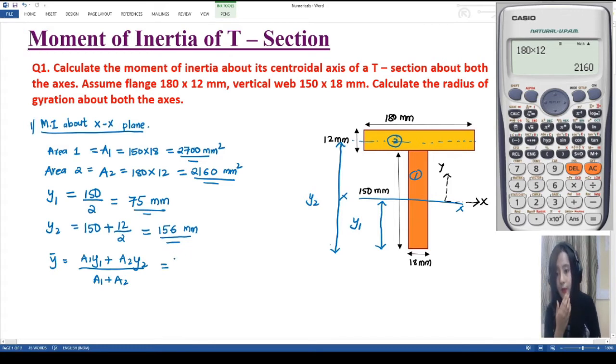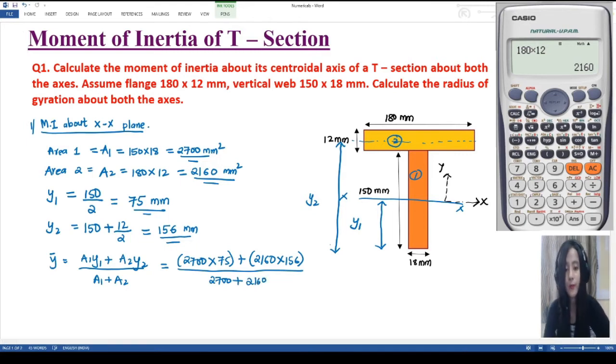Area 1 is 2700 into y1 is 75, plus area 2 is 2160 into y2 is 156, divided by 2700 plus 2160, which is the total area.